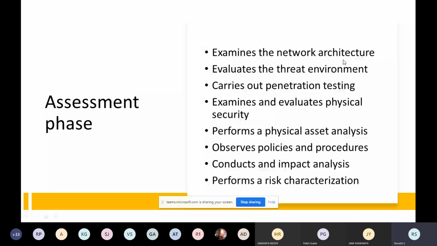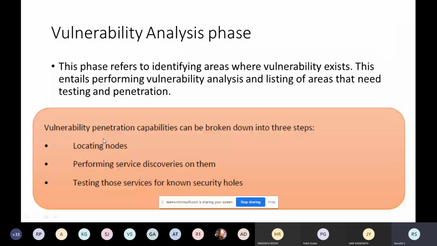And then for every node you'll be performing service discovery. Service discovery, in the sense, what are the services available: whether it is only giving web services, the HTTP protocol, or whether it is giving file transfer services, the FTP protocol, or messaging services, the SNMP protocol, like that.